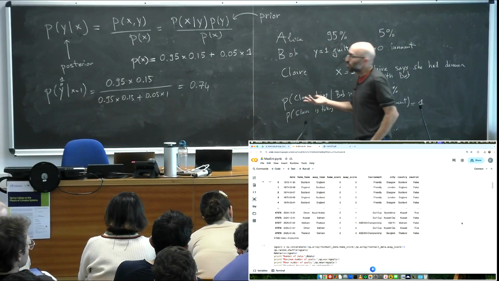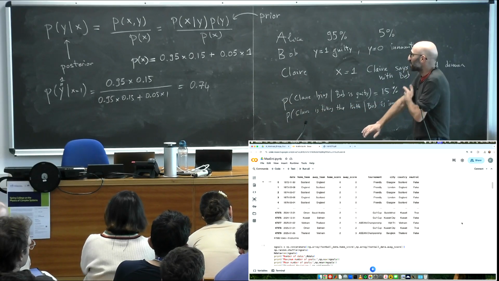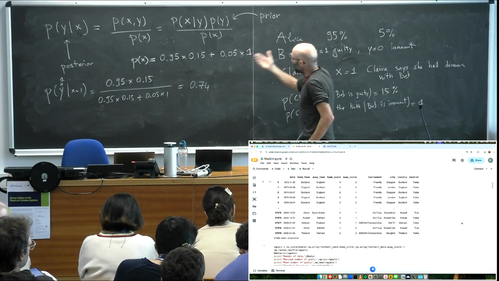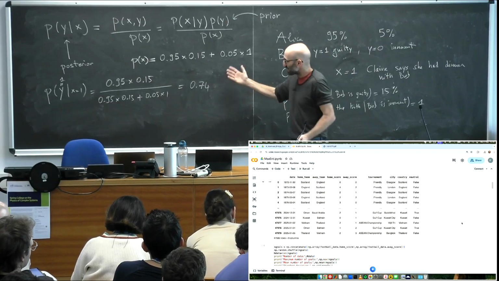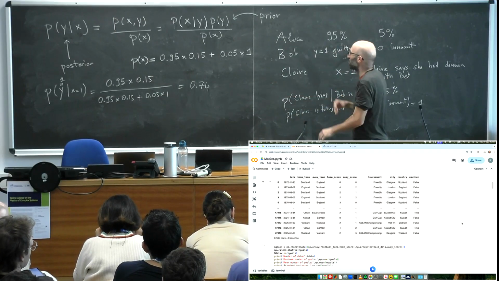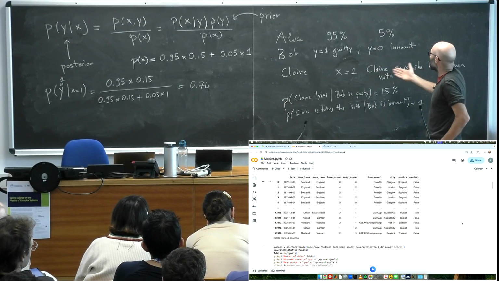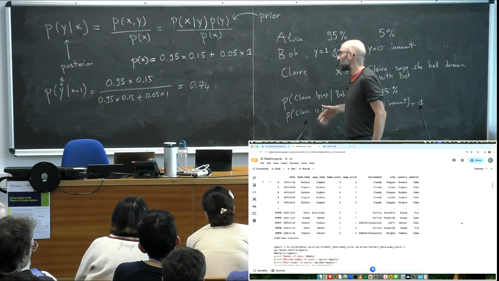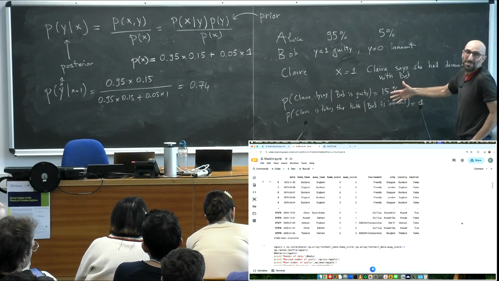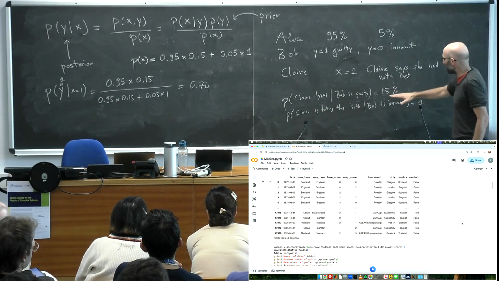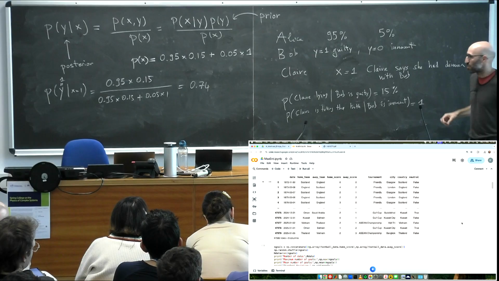Okay? So you can be quantitative, right? You can update your belief in a quantitative way, and then you can decide whether 75% is enough to arrest Bob or not. And the point is that this is going down because Alice trusts Claire quite a bit. Then it depends on this number how much it goes down.